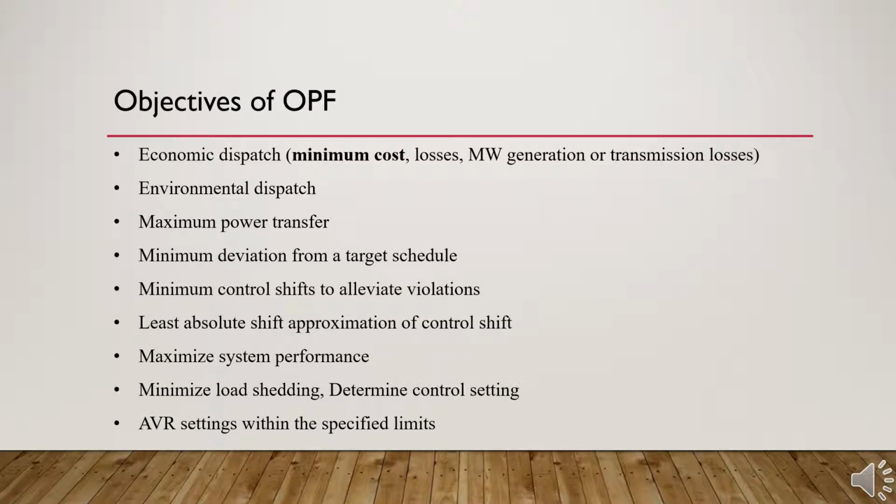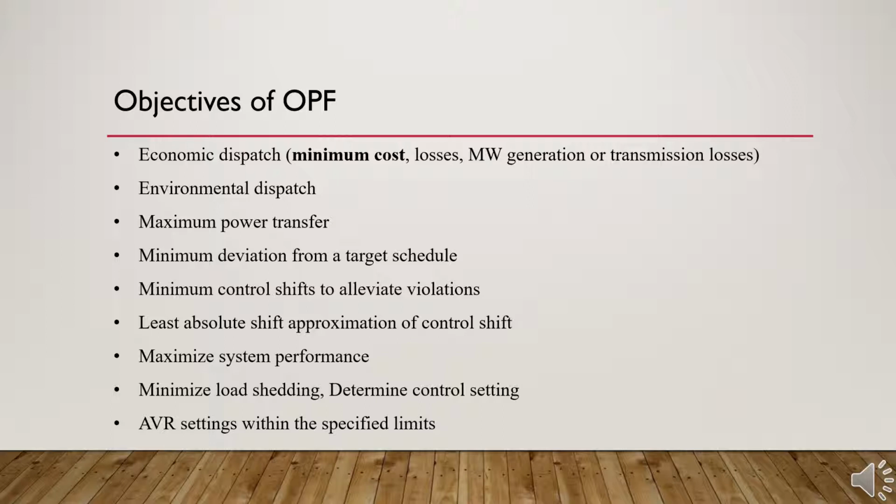The main objectives of the OPF algorithm are economic dispatch, which means minimum cost of optimal power generation or flow, and minimum losses, megawatt or transmission losses. We want to minimize the cost and losses.